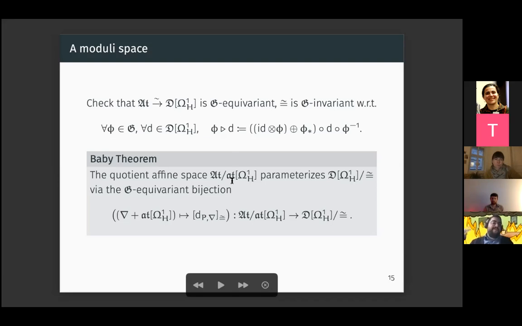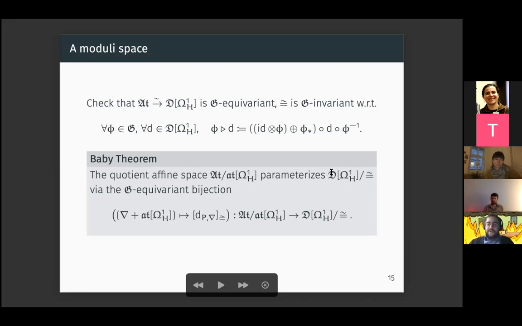And now you have a baby version of a more complicated theorem that says that this quotient affine space parameterizes basically these suitable total calculi up to isomorphism via a certain very explicit bijection.